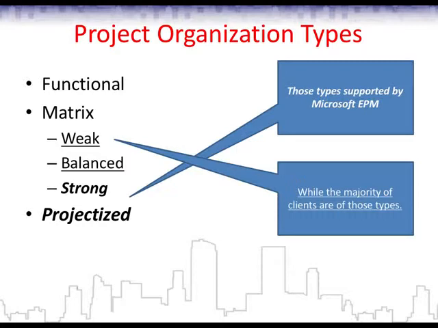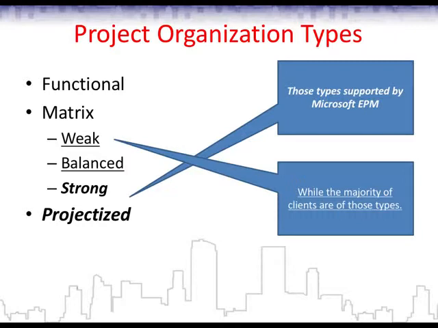In the PMBOK guide and other project management standards, there are different project organization types, the way project teams can function and be organized. There is a functional organization type, the matrix, and a projectized organization. The matrix, in its turn, is subdivided into weak, balanced, or strong matrix.